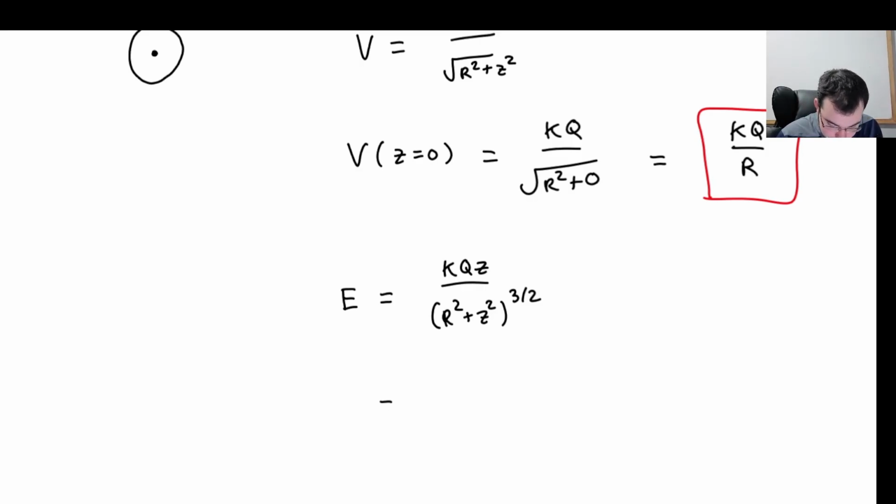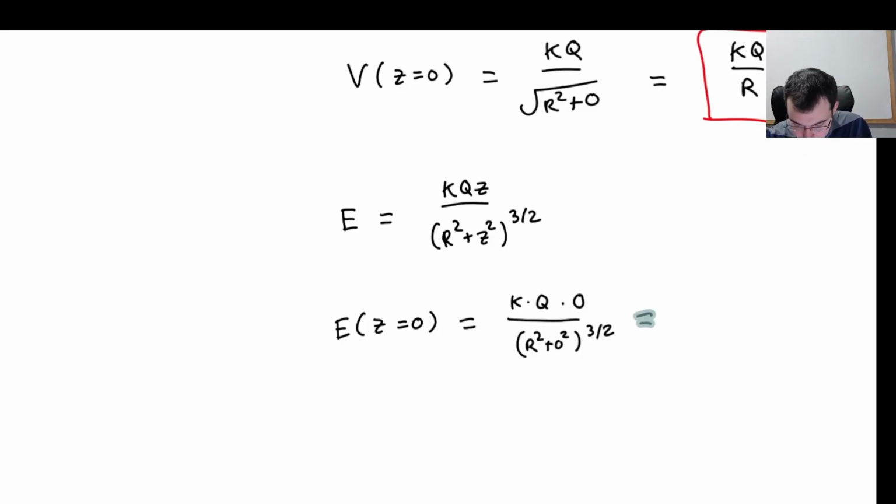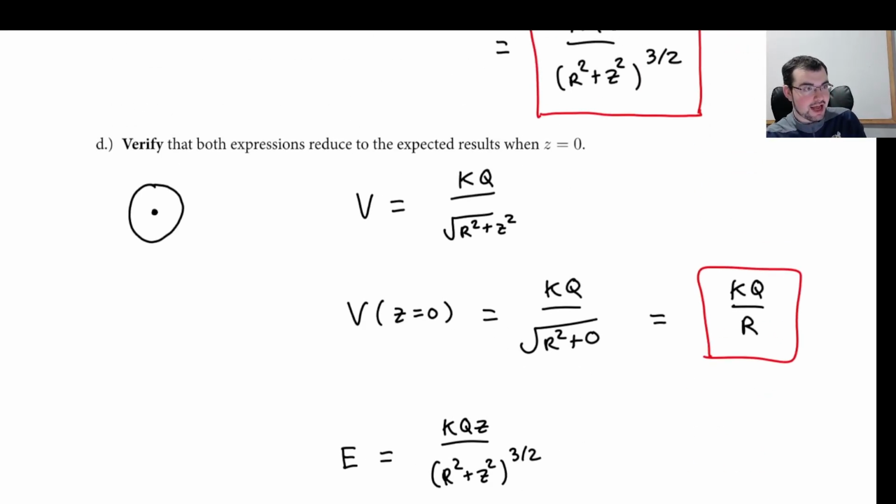So when z equals 0, the E field is just going to be k times q times 0 divided by some stuff I don't necessarily care about. I'm just checking it's not an indeterminate form or anything. But I get 0 on top and not 0 on the bottom, so I can safely assume the E field is 0. So this is as expected, right?